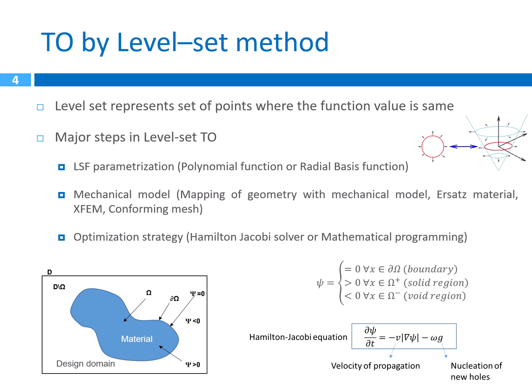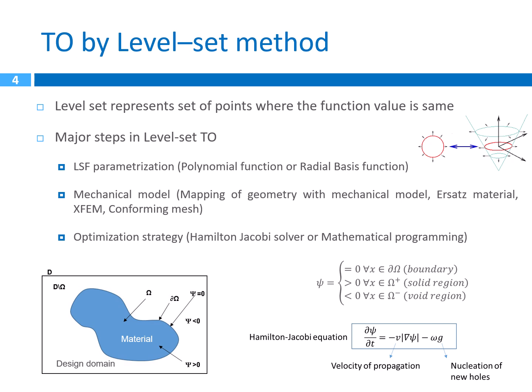Next, you need to map the geometry, maybe a series of circles, into the mechanical properties. Where you want the material and where you want the void, such a mapping has to be done. It could be based on the ersatz material method, XFEM, or conformal mesh. These are the different techniques available for the mapping.